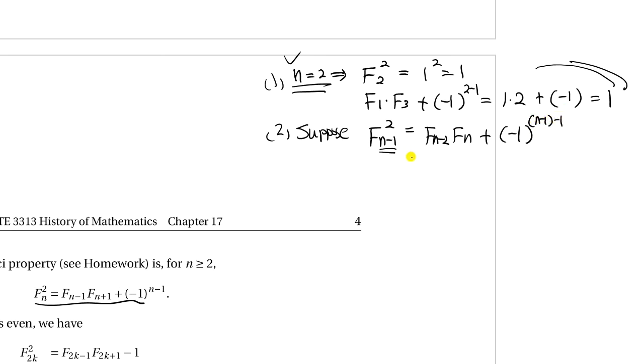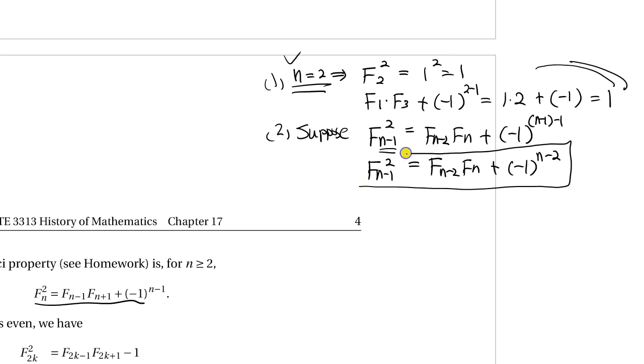So let me rewrite again: Fn minus 1 squared equals Fn minus 2 times Fn plus negative 1 to the n minus 2. Let's just accept and assume it. As you can see, we are using mathematical induction here.